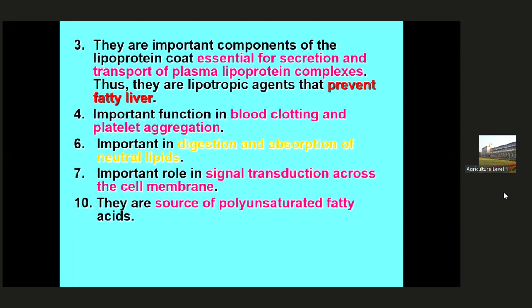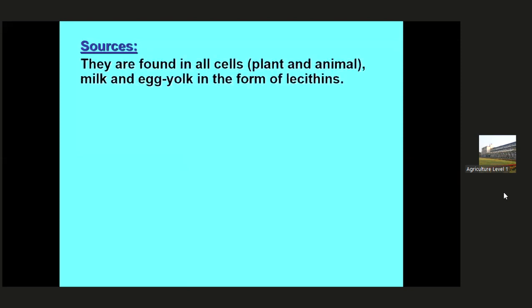So this is very important, the source of polyunsaturated fatty acid. These are the importance of phospholipid, and its source is very cheap, as phospholipids are found in the cell, all kinds of cells, plant and animal cells.